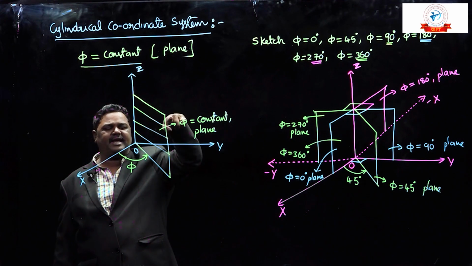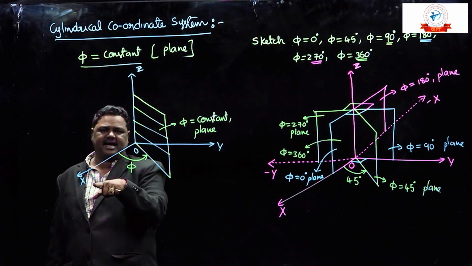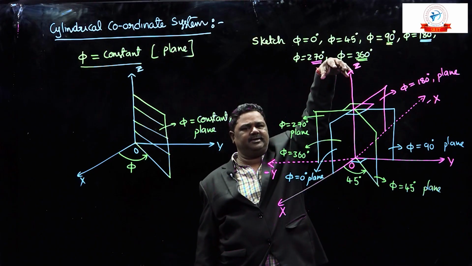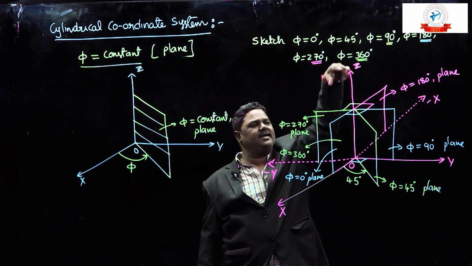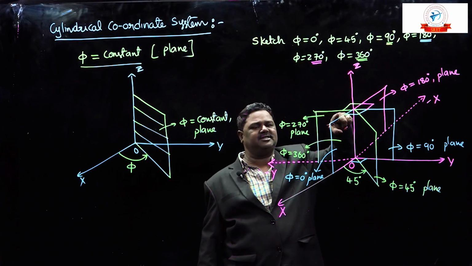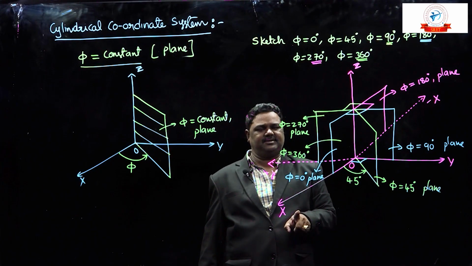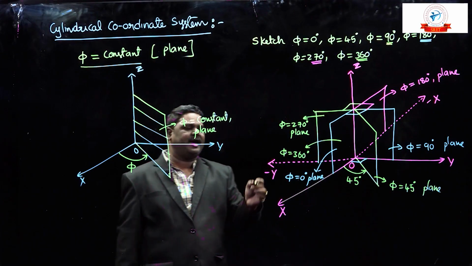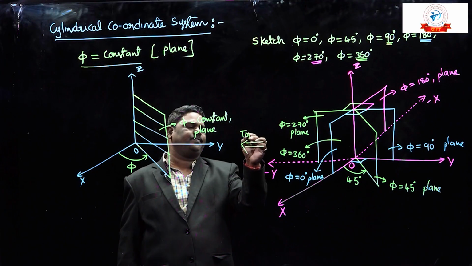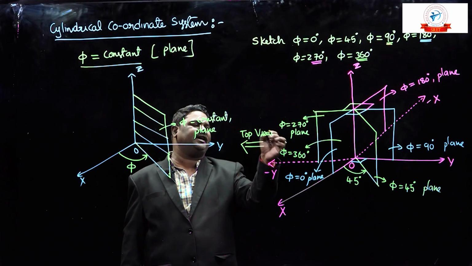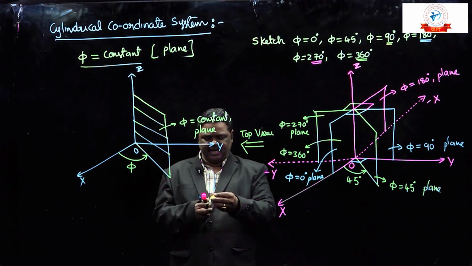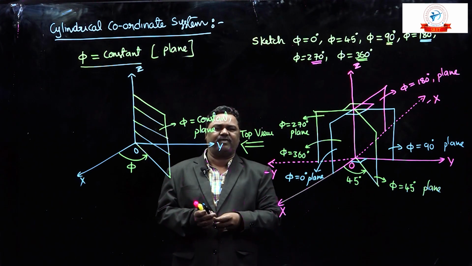It looks like a line making some angle phi with the x-axis. Similarly, if you see the top view of this diagram, all these planes look like lines making some angles with the x-axis. So what I require here is the top view of this entire diagram. If we sketch the top view from the diagram, we can easily understand the three points about the phi coordinate.